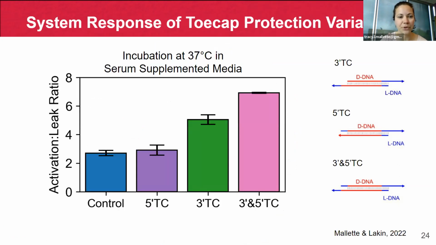And what was most notable is where we look at our activation to leak ratio. So leak is unwanted positive background signal. And with our control system, we were able to get a bit over a twofold difference between the activation and leak. But if we protected our 3' and 5' ends of our strand, then now we're getting close to 7-fold difference. So a really big improvement.